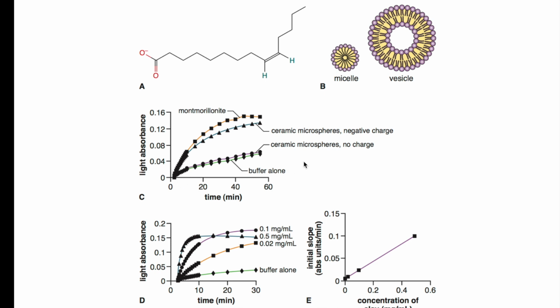So over time, if you don't add ceramic microspheres, these vesicles do increase over time, but they increase lots faster in the presence of ceramic microspheres or clay particles that have a charge on them. Not if they don't have a charge on them, but if they do. The shape of this kind of curve looks very much like how enzymes work and how fast the enzyme works over time.